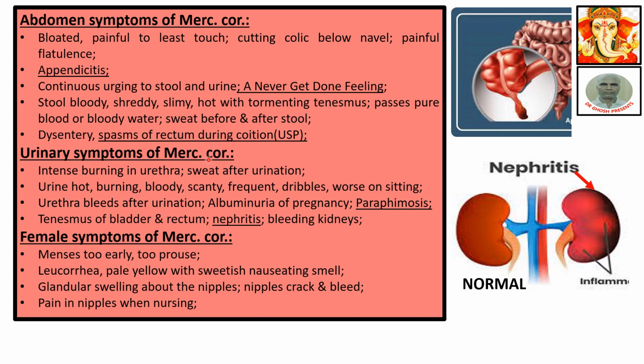Urinary symptoms of Merc.cor: intense burning in urethra, sweat after urination, urine hot, burning, bloody, scanty, frequent dribbles, worse on spitting. Urethra bleeds after urination. Albuminuria of pregnancy, paraphimosis. Paraphimosis occurs in an uncircumcised male when the foreskin becomes stuck at the end of the glans penis and is locked there.